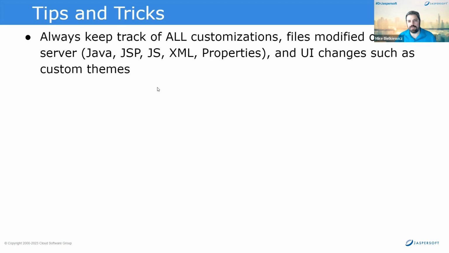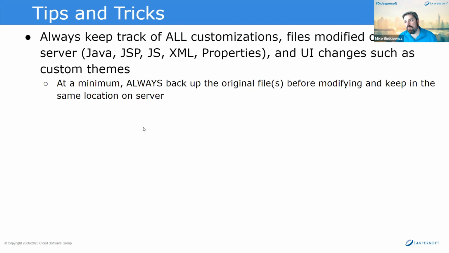There are so many different ways you can customize our system. Even themes, if you have a custom theme, make sure you keep track of that. That's not stored on the server. It's in the UI of the application. I mean, technically it's in your database. So any UI changes as well, you want to make sure you keep track of all of these things, right?